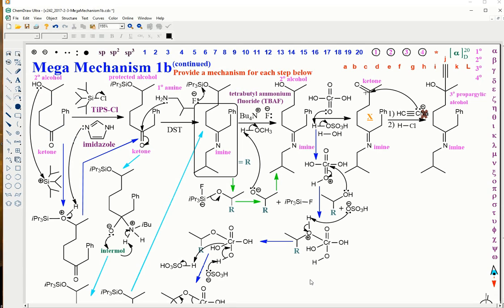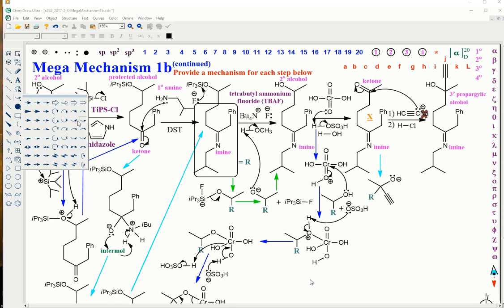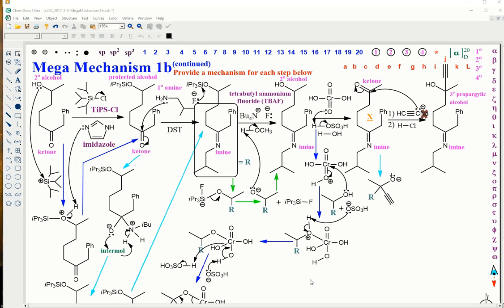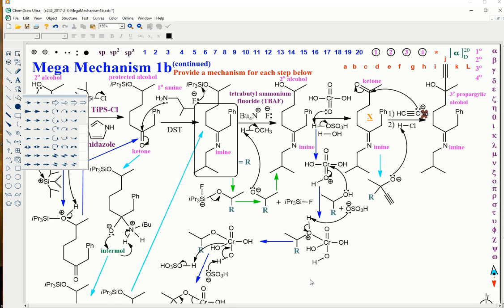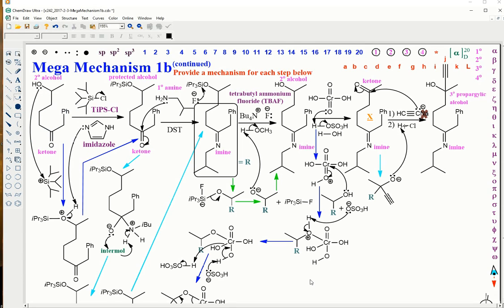We're going to be generating an alkoxide ion, which in step 2 will become an alcohol because this is the conjugate base of an alcohol. Step 2, HCl workup gives us an alcohol, which you can see is called a propargylic alcohol.